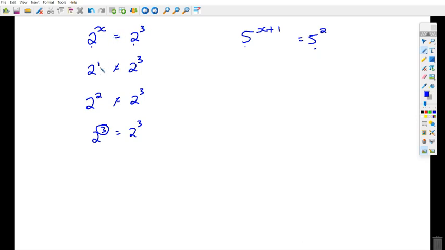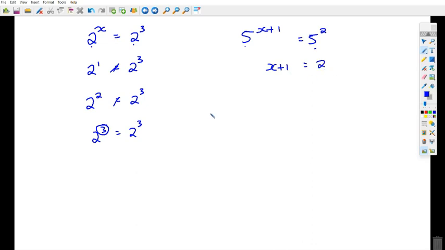Can you see when it wasn't 3, it wasn't equal. So my exponents are equal when my bases are the same. Bases are the same, 5 and 5, that means that my exponent, x plus 1, is equal to my exponent, which is 2.